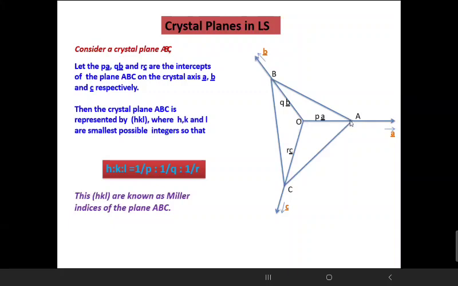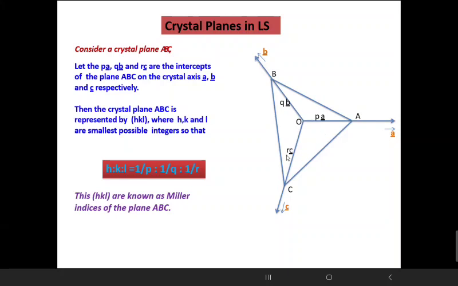This is the cutting point or intercept point at a. This is the intercept point of b, and this is the intercept point of c. So this length is pa, this length is qb, this length is rc. These pa, qb, rc are intercepts.